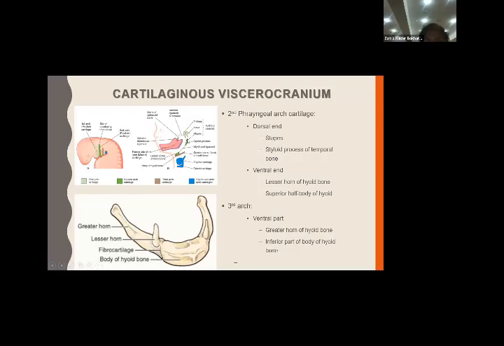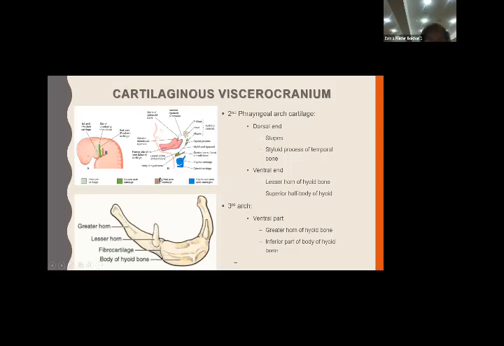Stapes is the third bone of the middle ear cavity. 2 हमने पहले की थी जो first arch से थी, incus और malleus first arch की bones थी. अब second arch, the third bone of the middle ear cavity, stapes. Then comes the styloid process. Next is the ventral end of the cartilage, जिससे lesser horn of the hyoid bone and upper half of the body of the hyoid bone.